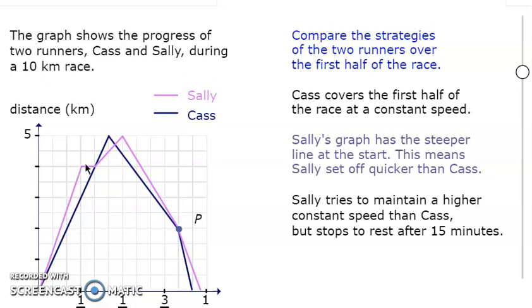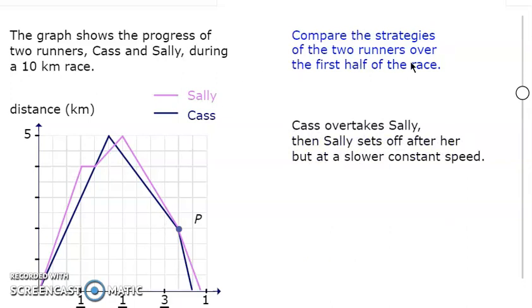Then she takes a rest after 15 minutes. 15 minutes is this point, 1/4 of an hour. So she rests here, then stops for some time. This distance shows how much time she is stopped. The horizontal line shows that Sally stopped.